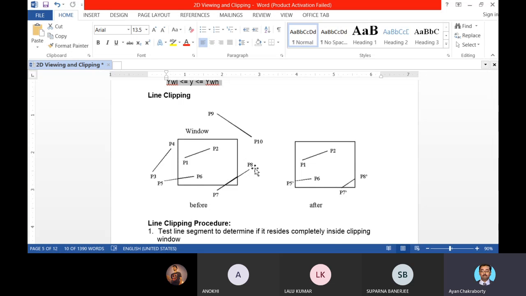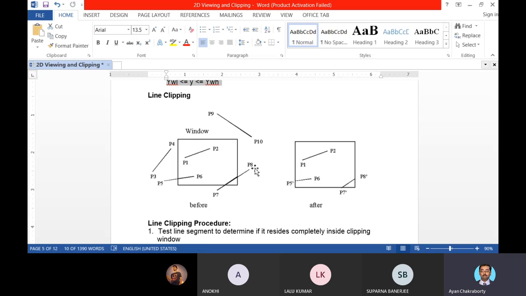Here also you will see, just like P9 and P10, both the points P7 and P8, according to the point clipping algorithm, are completely outside the rectangular window frame, but some portion of this line is passing through the window frame.